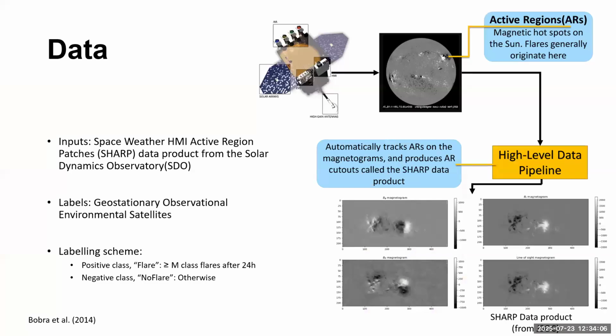My data comes from the Solar Dynamics Observatory. It has this amazing instrument called the Helioseismic and Magnetic Imager. It records full disk magnetograms. That's just the spatial distribution of the photospheric magnetic field of the sun.